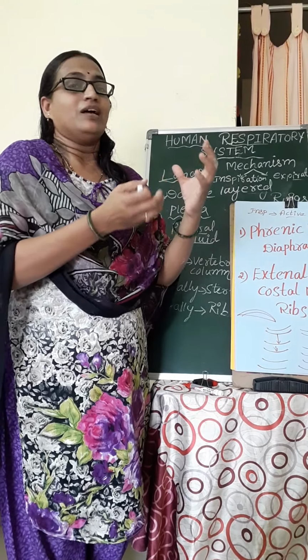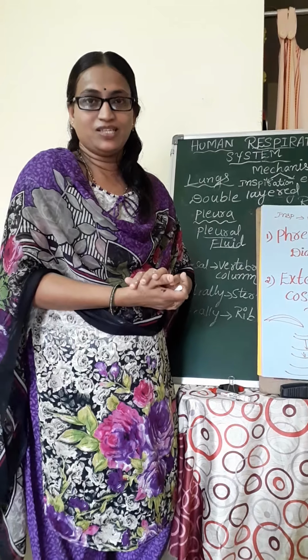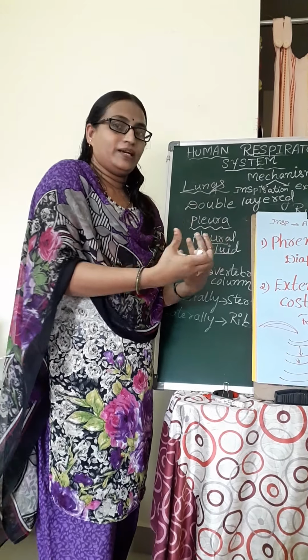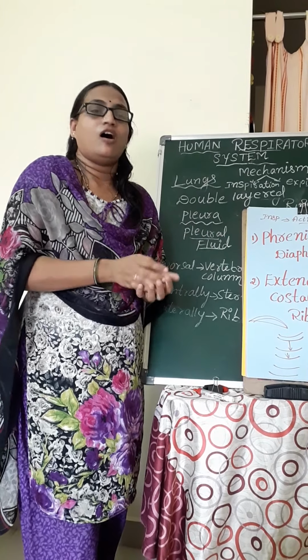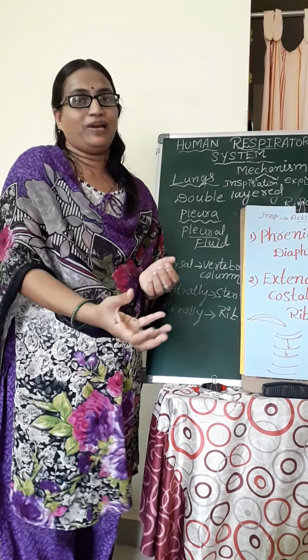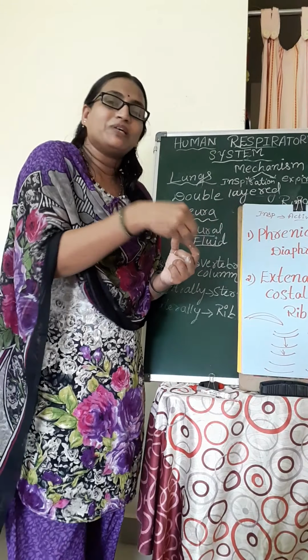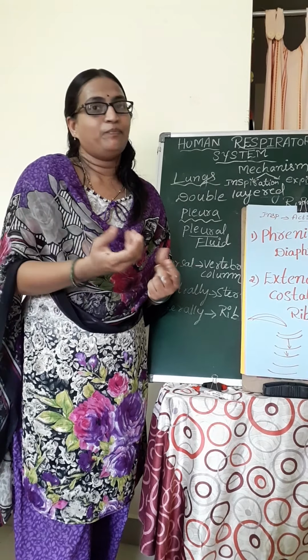Whenever the exchange of gases takes place, the oxygenated or purified blood reaches the heart. Through the heart, through the blood capillaries, it will be supplied to cells, tissues and different parts of our body.